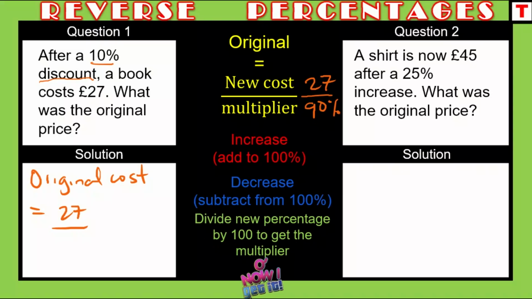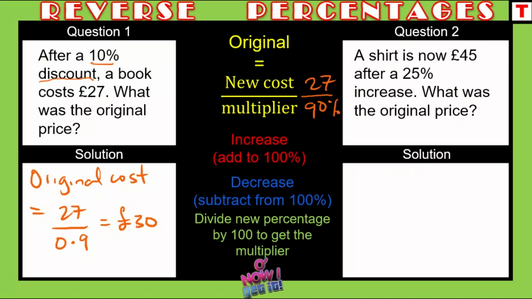We divide it by 100, so therefore this becomes 0.9. So on our calculators, 27 divided by 0.9 would have been £30. That would have been the original cost.